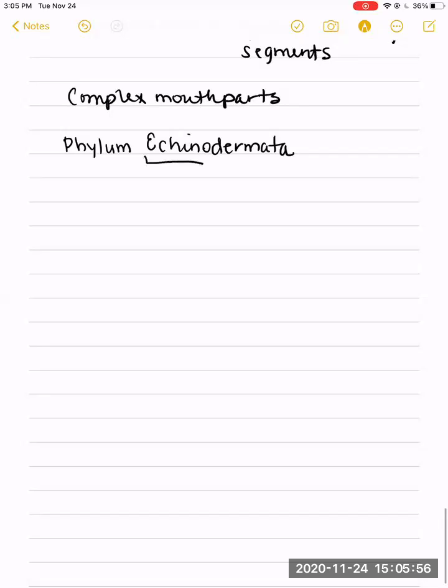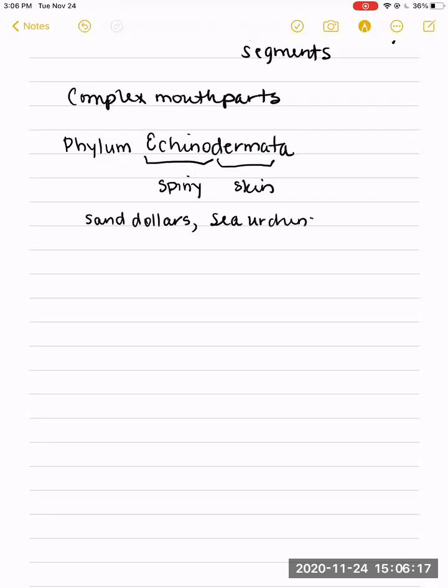It means spiny skin. So echino means spiny, and derma is skin. These are the spiny skinned animals. This includes sand dollars, sea urchins, sea stars, and brittle stars.